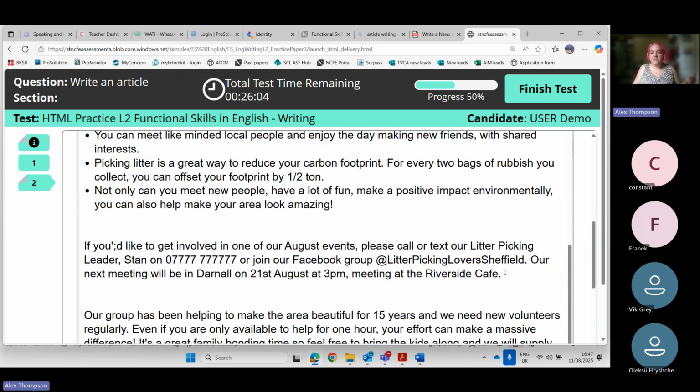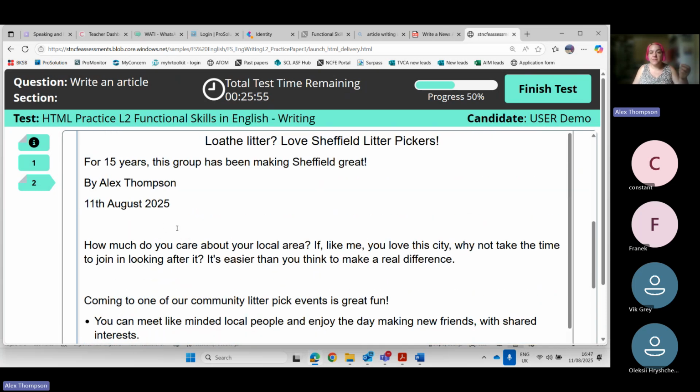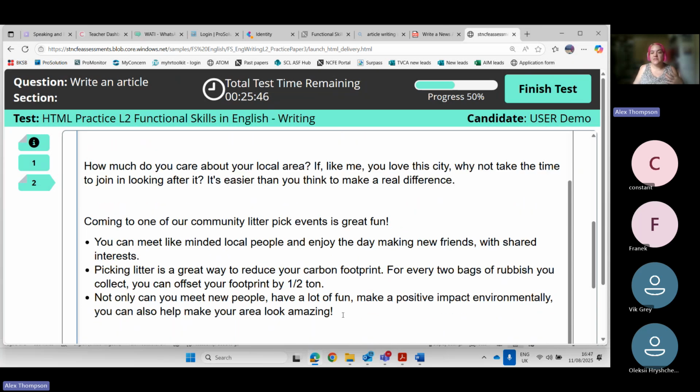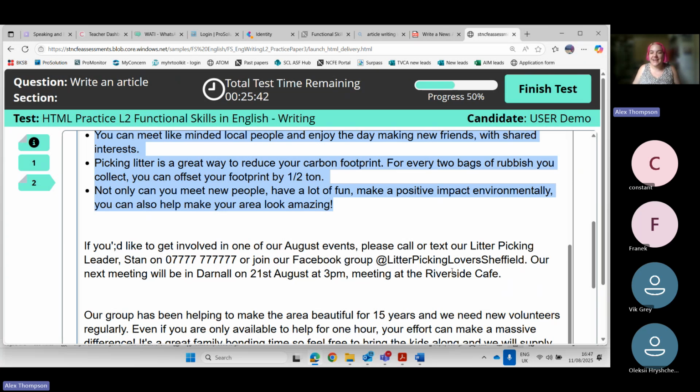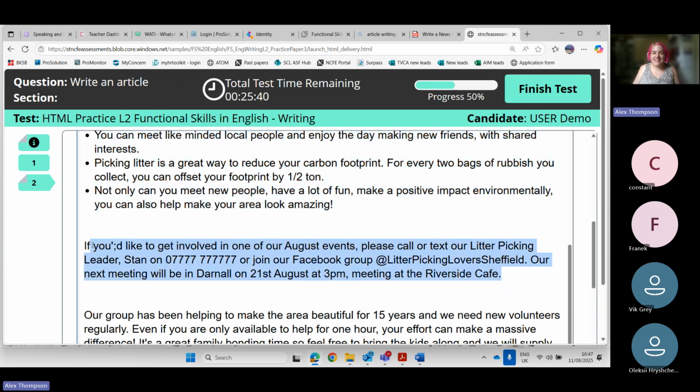So for example, if I started it by saying, if you'd like to get involved, call or text, join our Facebook group. If I wrote that at the very beginning, you'd be like, why do I need to contact these people? Whereas I have given you the information first. I have tried to give you some of the benefits, some details. Then I have given you the contact details.